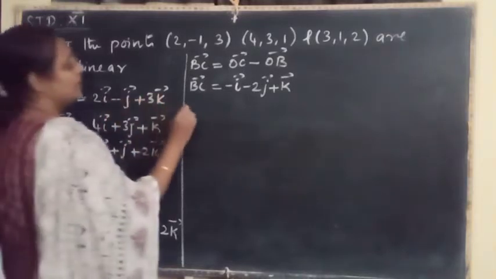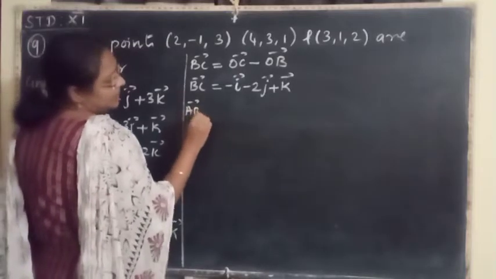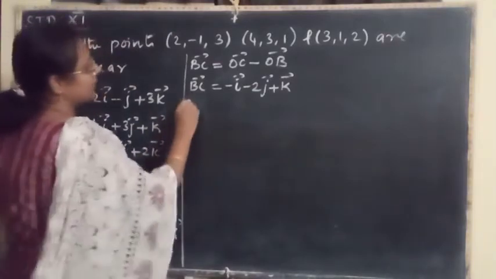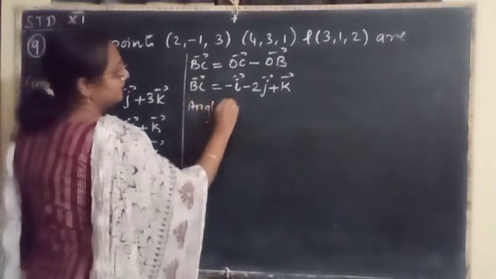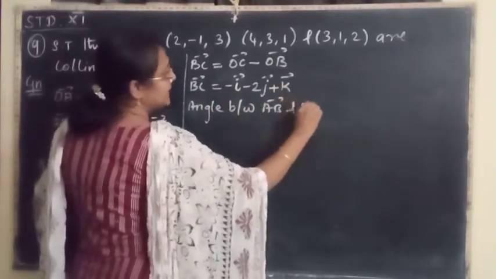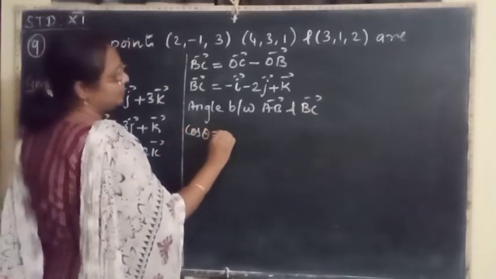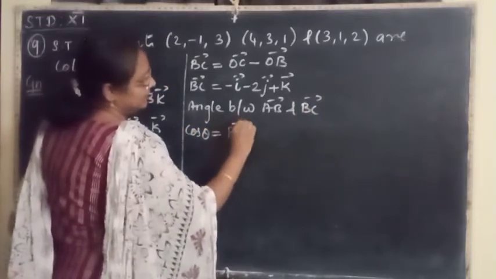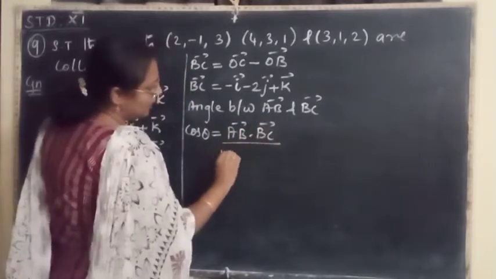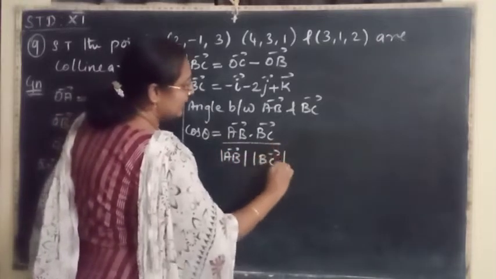As I told you already, we are going to discuss the angle between the AB vector and the BC vector. Now cos theta will be equal to AB vector dot BC vector divided by modulus of AB vector into modulus of BC vector.